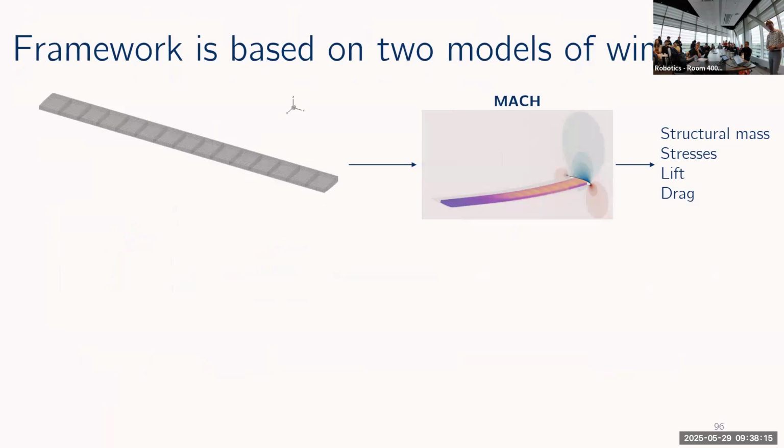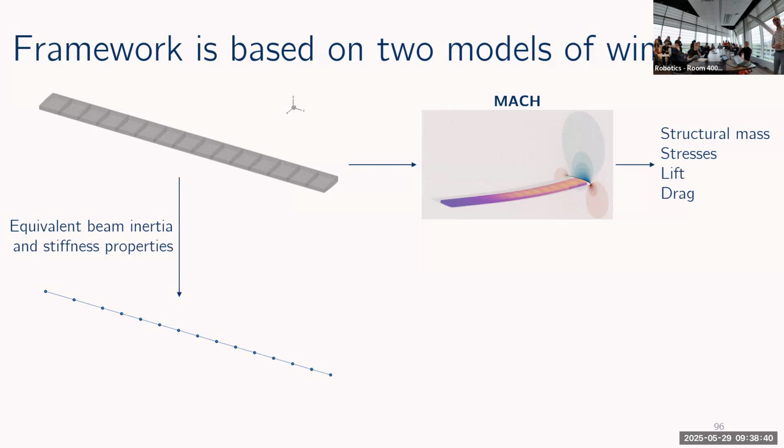In this section, I'm going to keep the same workflow that I was using before, where we have our detailed structural model, couple it to RANS CFD to analyze steady state flight conditions and compute things that we care about, like maneuver stresses, mass, lift and drag. But at the same time, I'm going to condense that detailed wing box model down to a beam representation.